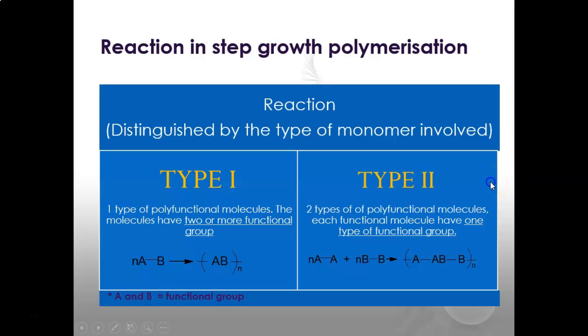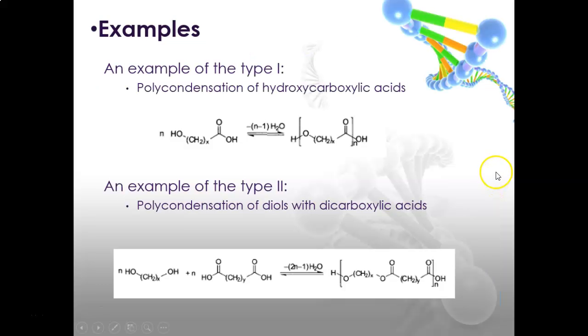Now we look at the example of type 1, which is polycondensation of hydroxy carboxylic acid. As I mentioned earlier, in type 1 there is more than one functional group in one molecule. So this is a molecule, and we have an OH functional group and also a COOH functional group. And the example of type 2 is polycondensation of diol with dicarboxylic acids.